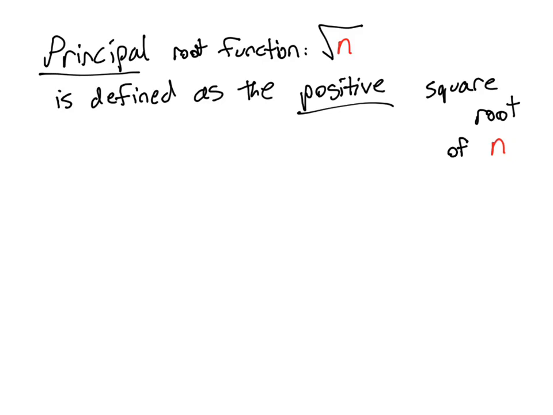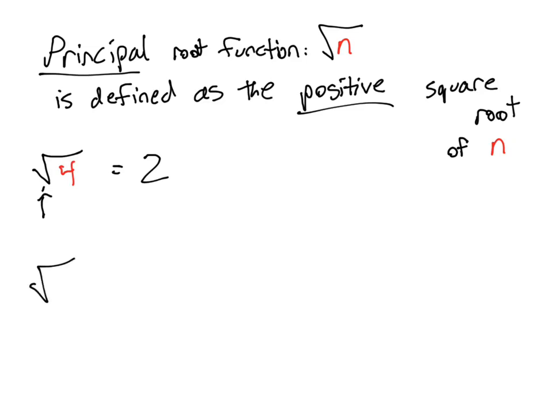So if I just write something like the square root of 4 using this principal root, we know that +2 times +2 or -2 times -2 equals 4. But technically, if we're using this symbol to write this expression, we're going to say that we're using the positive answer here, which is +2.